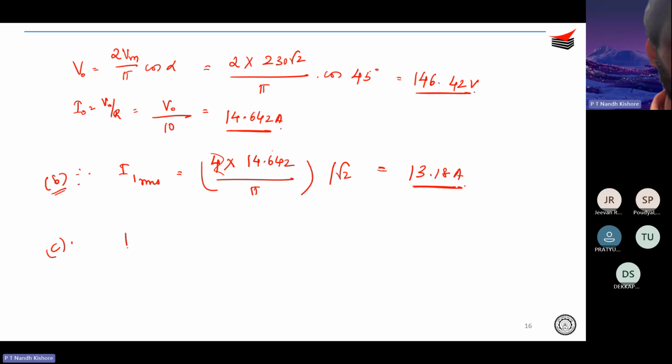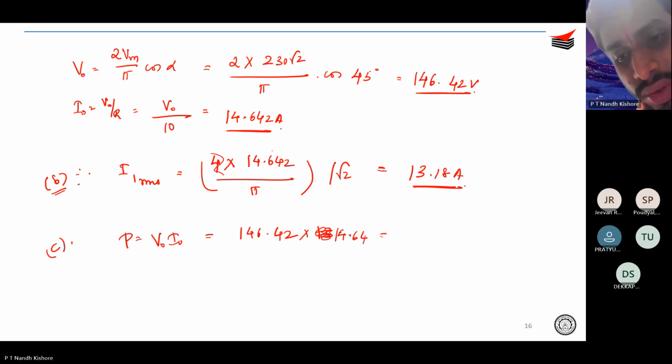And the C part, the power delivered to the load, is V naught I naught, 146.42 times 14.64, which will be 2.14 kilowatt.